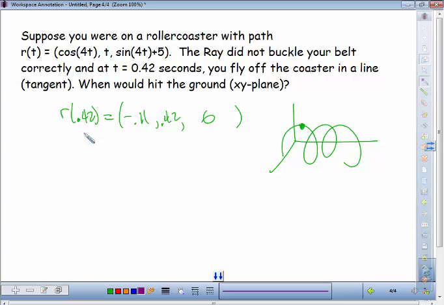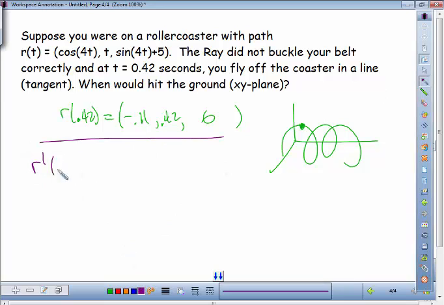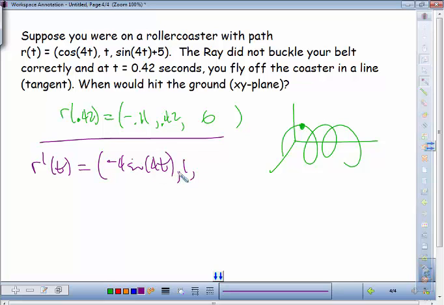All right, so let's take the derivative. R prime of t, we already have the derivative, right? Negative 4 sine 4t, 1, and then the 5 doesn't make a difference in the derivative for cosine 4t. And then now I want to see what happens to this when you put 0.42 in. So some calculator work again. What happens when you have 0.42?